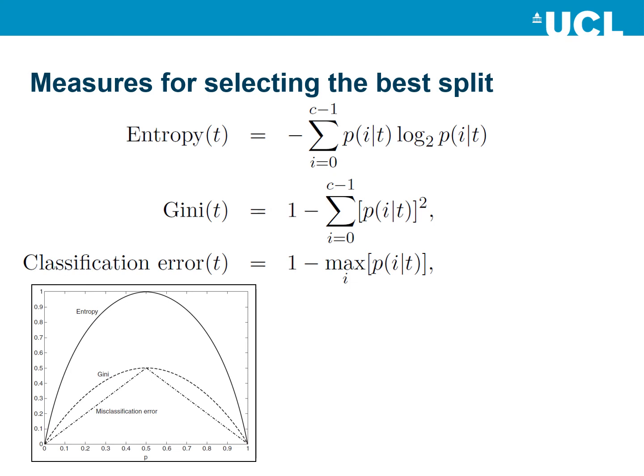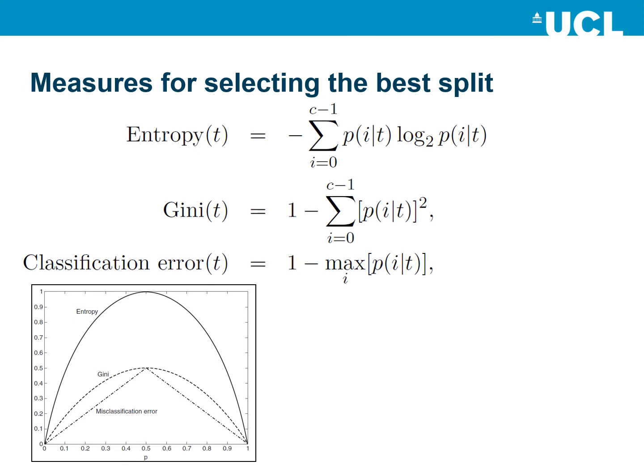First of all, let's look at the purity measurement. So entropy is one possible measurement to measure the purity of an individual split, as are Gini index or the classification error. Normally, within Orange, for example, you will see that the entropy or Gini index is a valid hyperparameter for your decision tree.